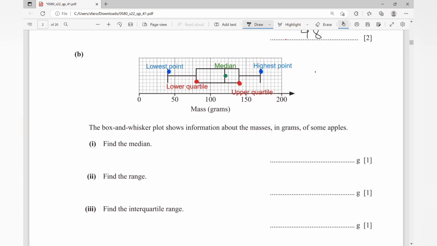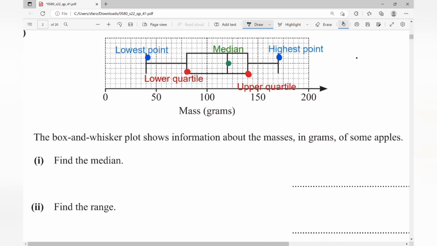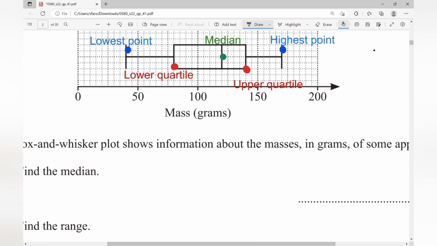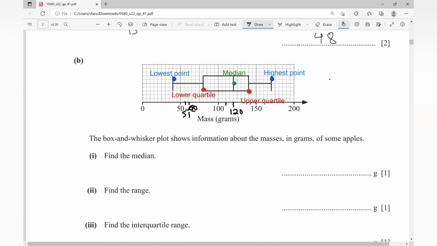Since you can see that in this diagram, each line is equal to 5, like this will be 55, this will be 60, and so on. So this median over here, this will be 110, so this will be 120. So the median is 120.